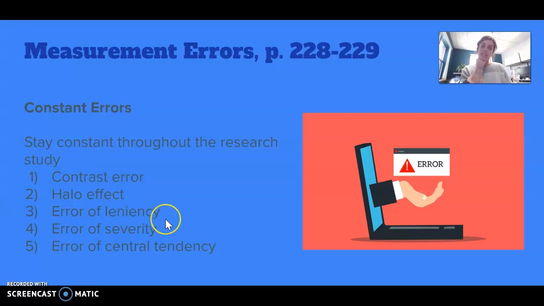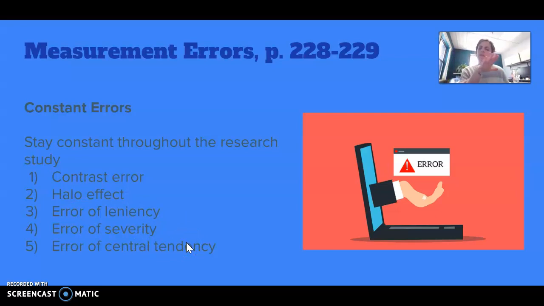Error of leniency might be either the respondent's or the researcher's desire to identify as all good, or to lean more towards the positive responses. In contrast, error of severity. Numbers 3, 4, and 5 are more on the participant.